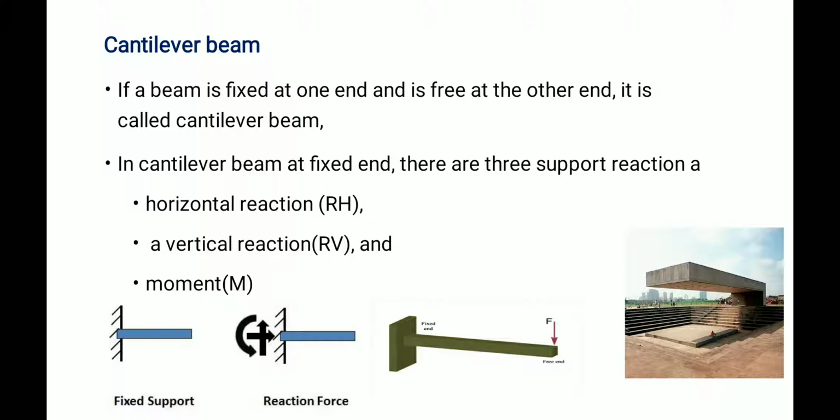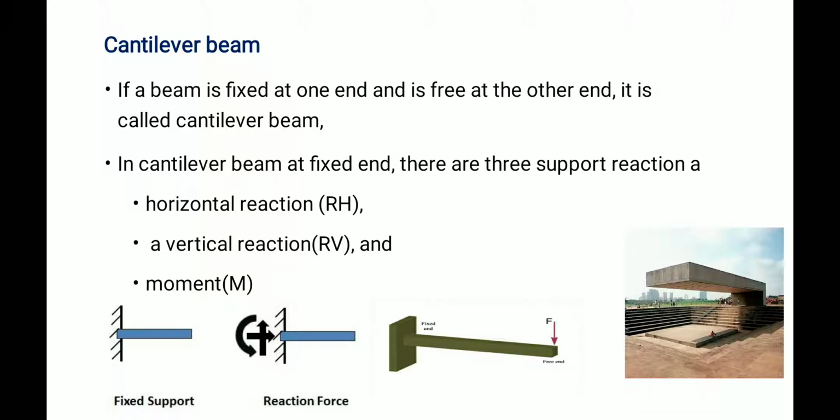Reaction means whenever an action force is restricted, a reaction force will be created, right? When I apply a vertical force, a vertical reaction will be created, so this vertical force will not allow the free end to move, as the fixed end creates an opposite reaction.